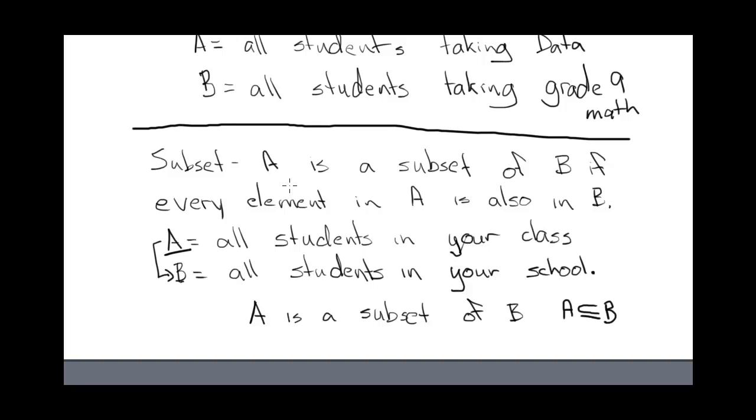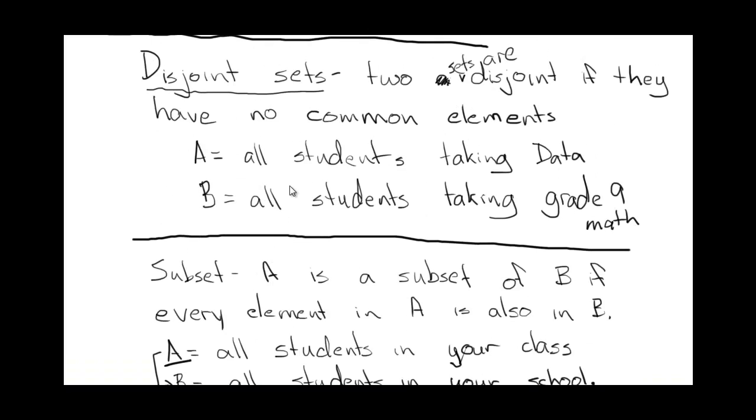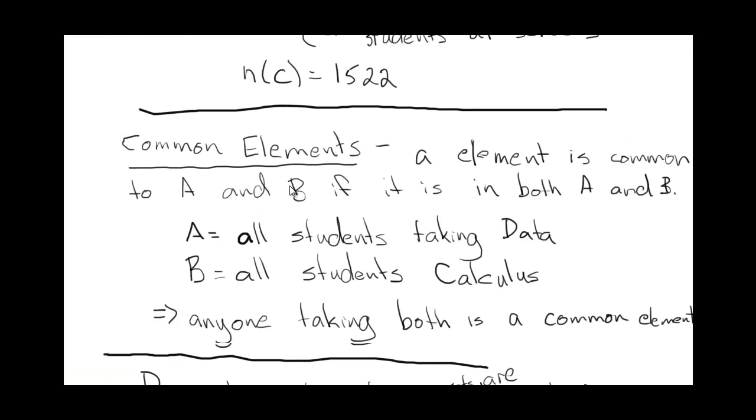Notice it doesn't go the other way. B is not a subset of A because there are students at your school who are not in your class. They're in set B, but they're not in set A. So those 4 definitions are going to be pretty crucial to our understanding of sets.